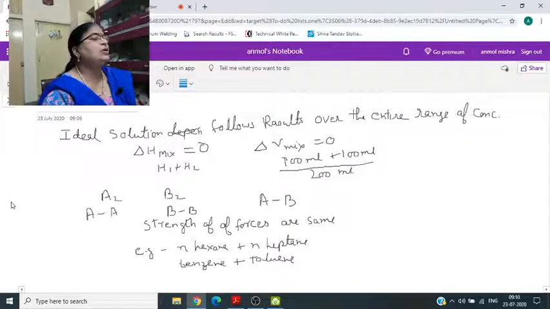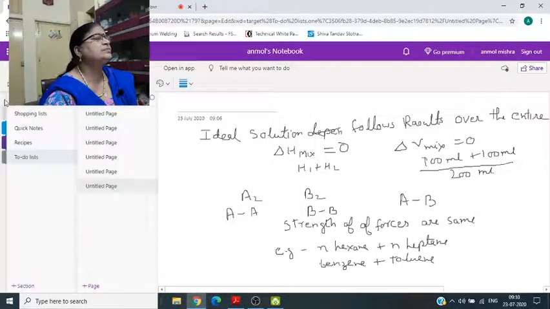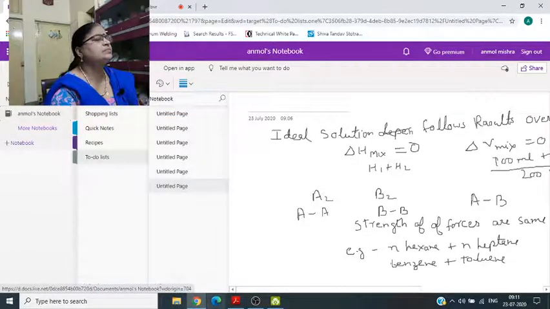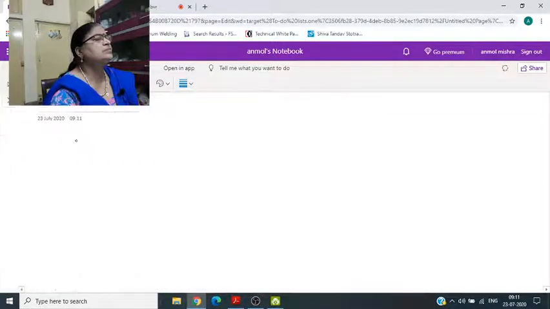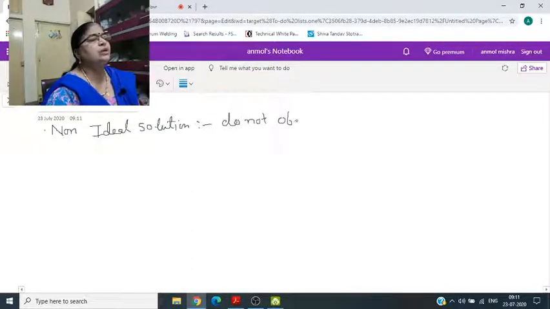Next is non-ideal solutions. Non-ideal solutions are those which do not obey Raoult's law.